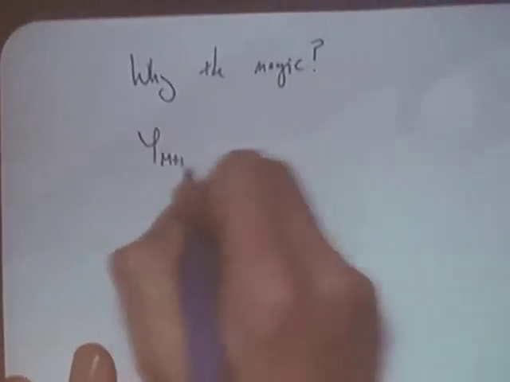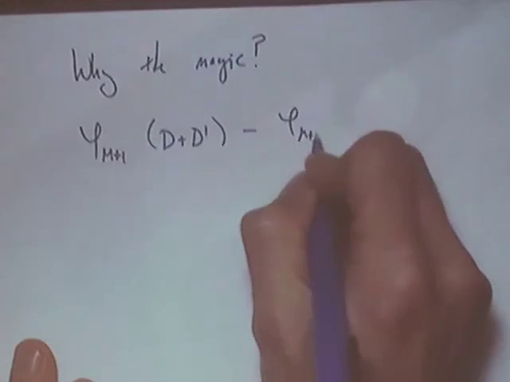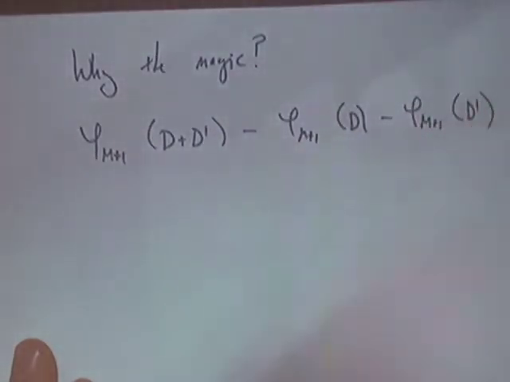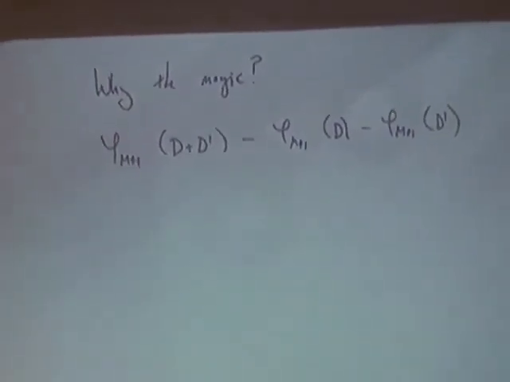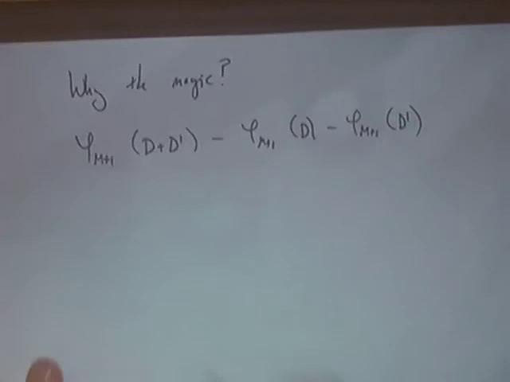So let me just try and say at least a word as to how one might check this. So why the magic? Well, let me check that it's additive. In order to check that this new thing is additive, I should look at an expression like this, and I want that to be 0. So phi m plus 1 was just psi m plus 1 acted on by this UP.